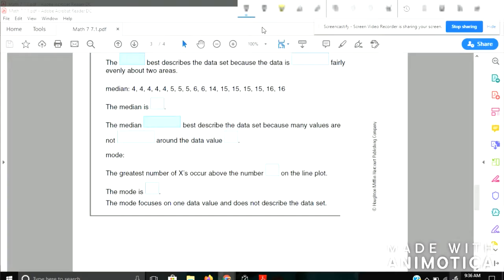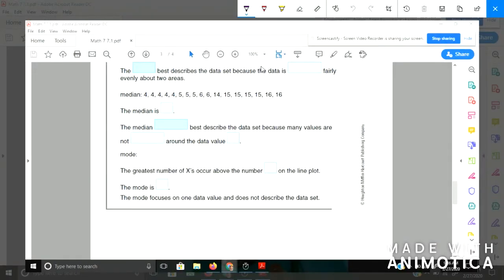So the median does not best describe the data set because many values are not clustered around the data value 6.